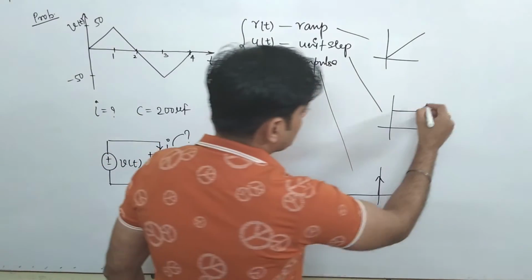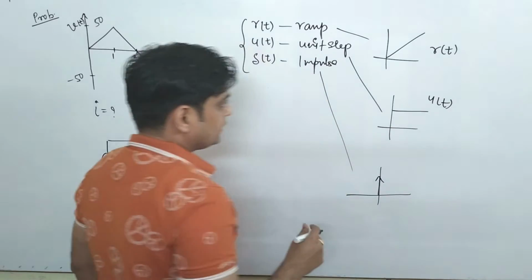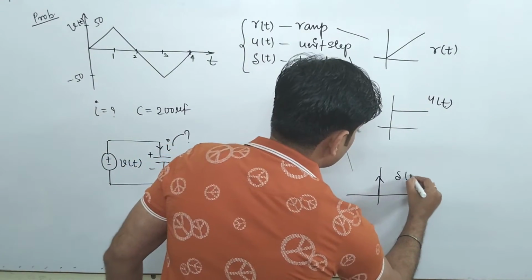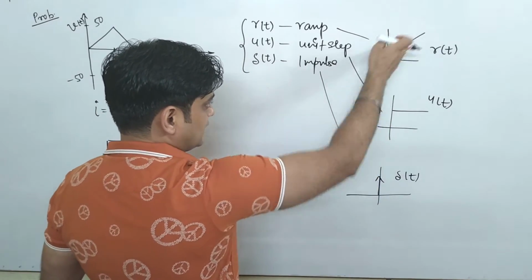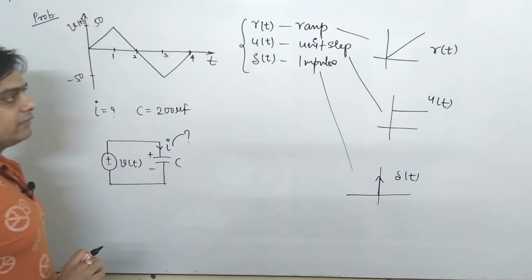I am not going into much detail. We will see these signals in a later session. This is your ramp signal, this is your unit step signal, and this is your delta function, or impulse signal.